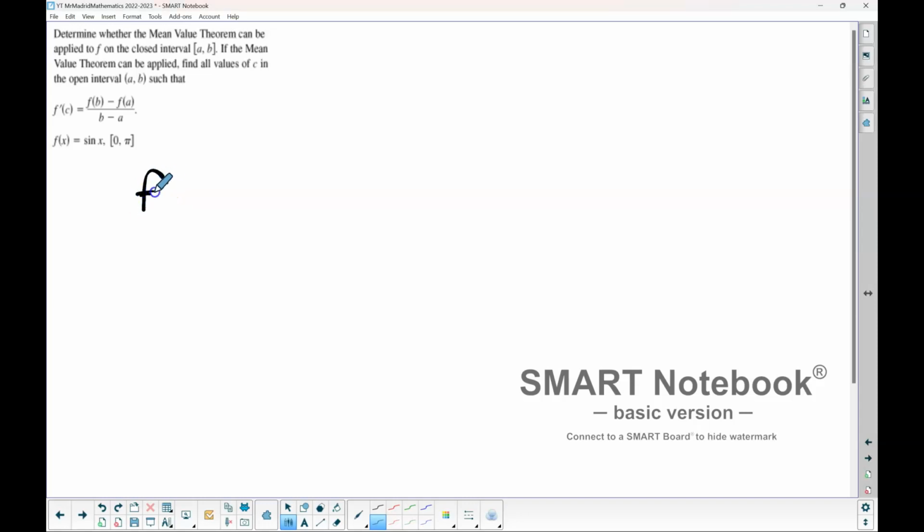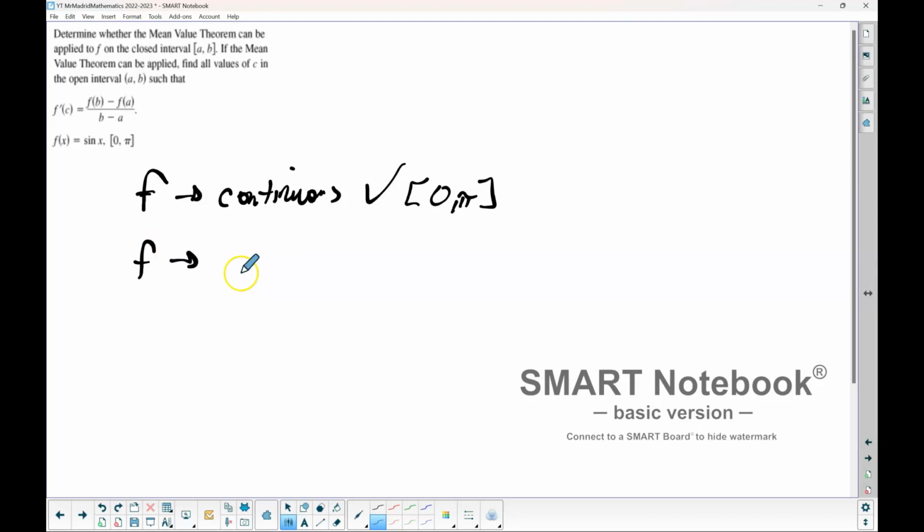So f, is it continuous? You can pause the video here. And it is. Definitely is, but definitely in this closed interval. So that checks out. And next, you can pause the video here, and what's the next thing we've got to check? Is f differentiable?